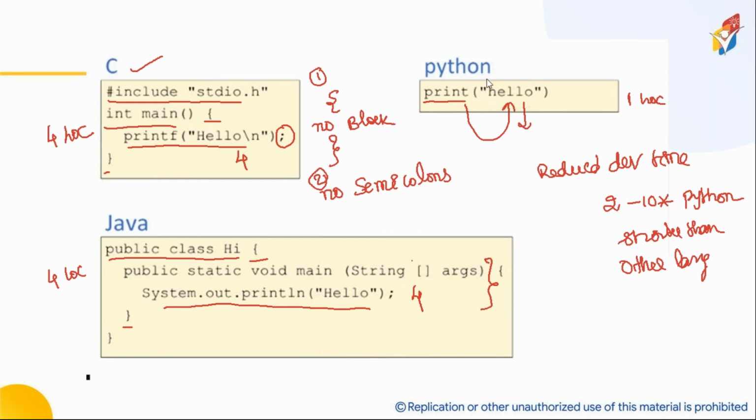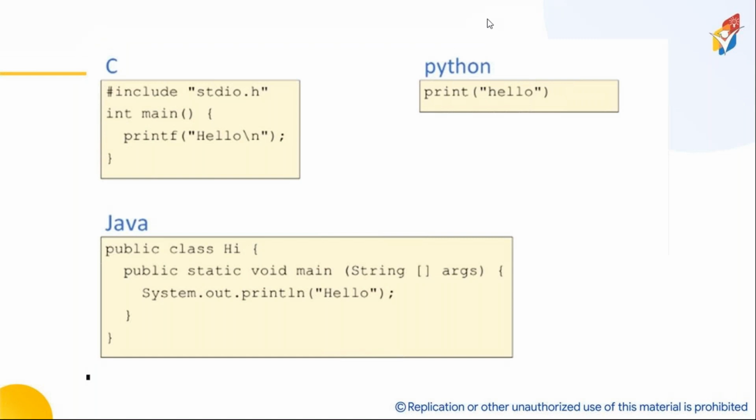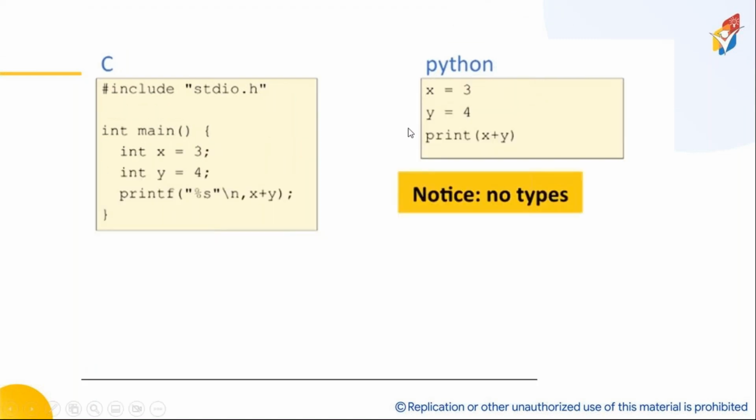Yes, sir. Now I will compare one more way between other languages. For example, let us take the C language. In C language, if you want to initialize a variable, 3 is called the value. This is an integer value I'm storing in a variable called x. x is called the variable. And this is an integer data type. Integer is a data type.